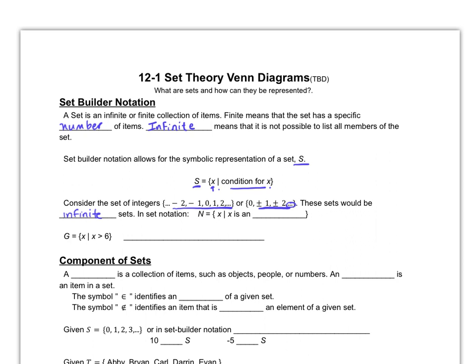In set notation, it would be N is equal to x such that x is an integer. That's one way we could write it, just another way we could write it. And then we have G, which is x such that all values of x are greater than 6. So basically a set of numbers greater than 6.